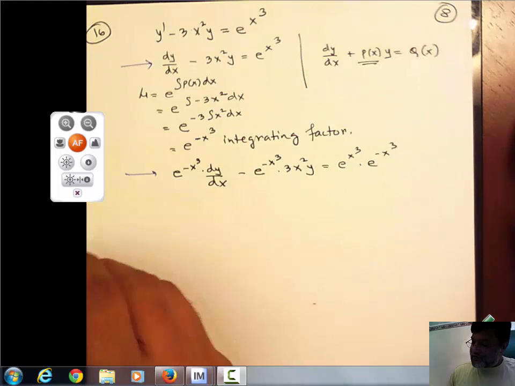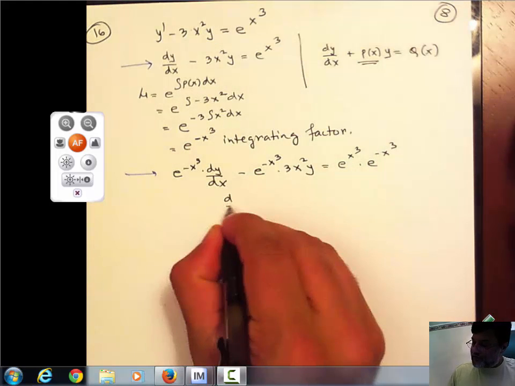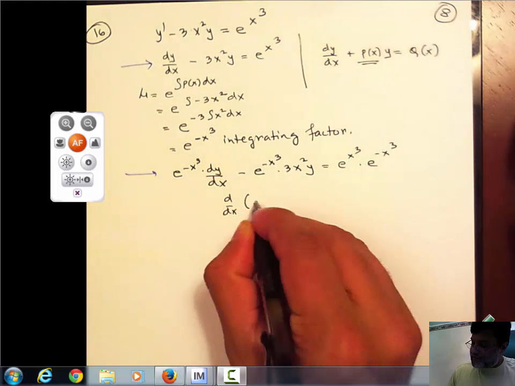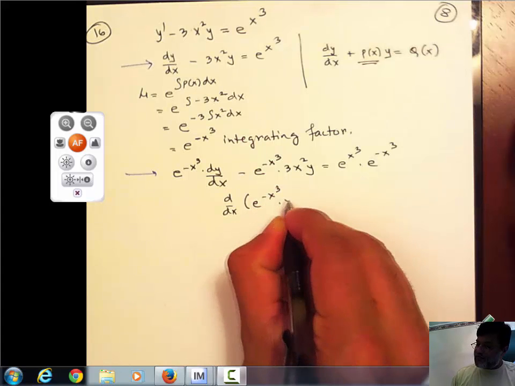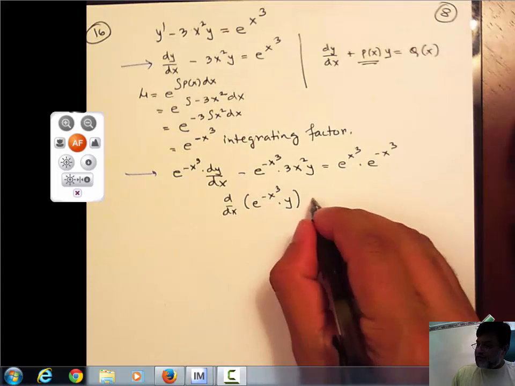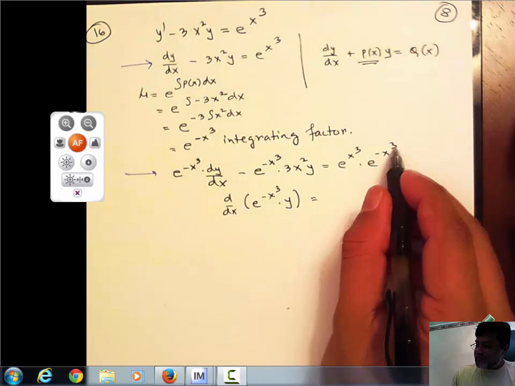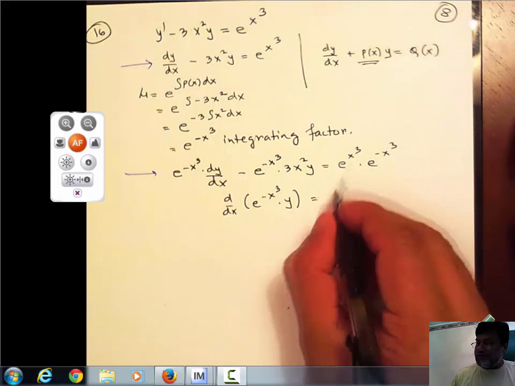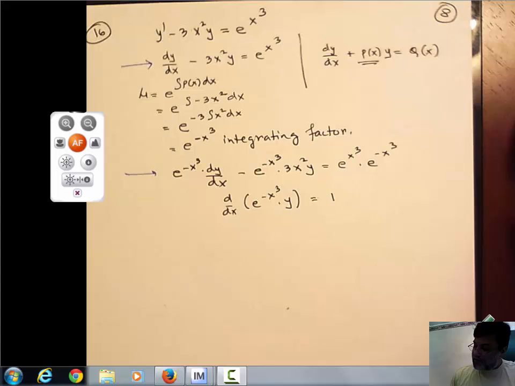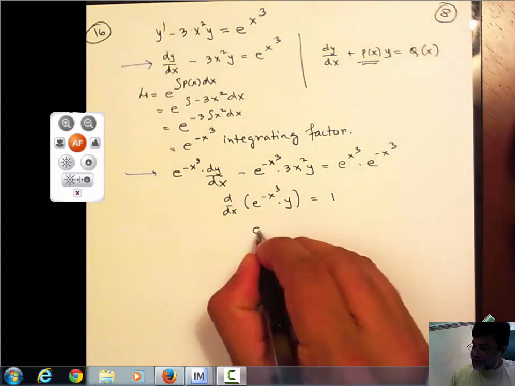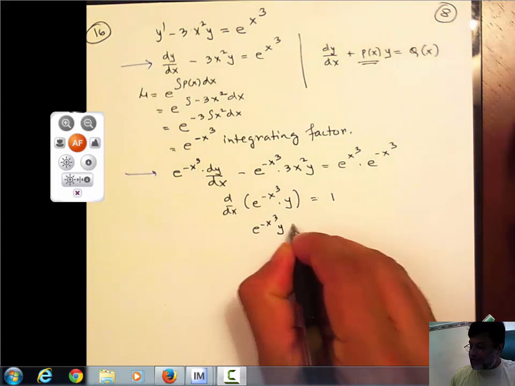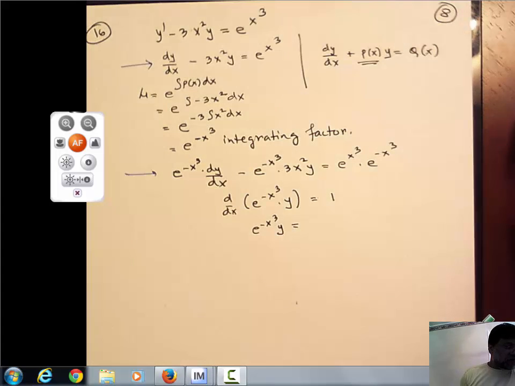Okay, this is just reverse product rule of integrating factor times y. And e to the x cubed times e to the negative x cubed, isn't that e to the 0 or 1? So this becomes that, and integration of 1, isn't that x plus c?